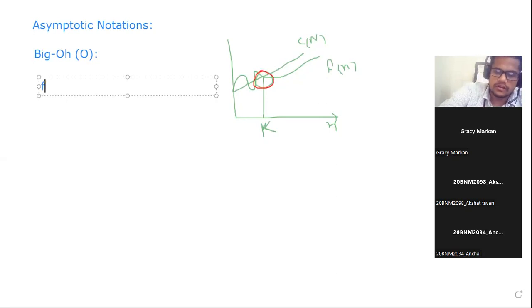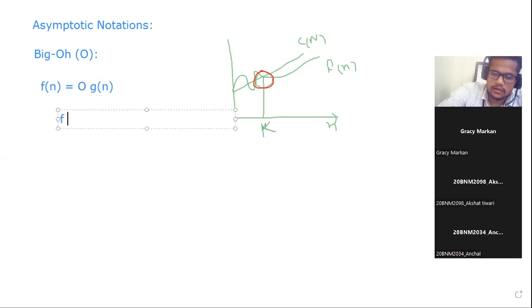Let's suppose we have a condition where the function Fn equals big O of Gn. We can also write it like this: Fn is less than or equal to C dot Gn.